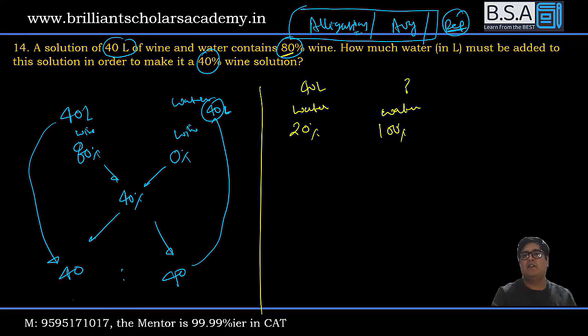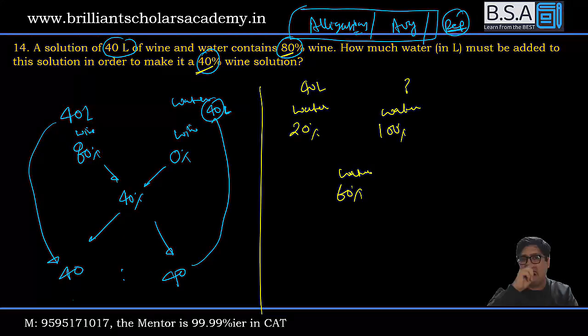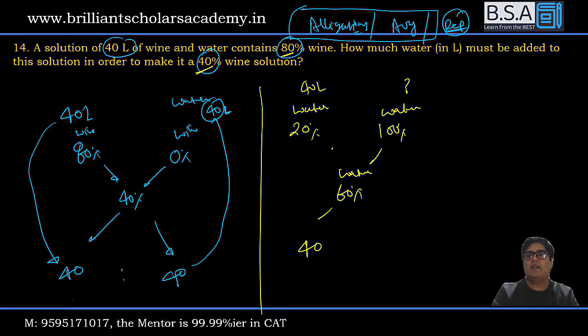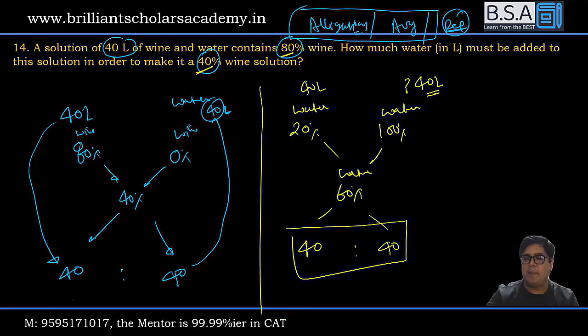How many liters of this? Wine becomes 40%, so water becomes 60%. Make sure everything is about water only. What is the gap? 40. What is the gap? 40. What is 40 by 40? Same thing. You will need 40 liters for this.